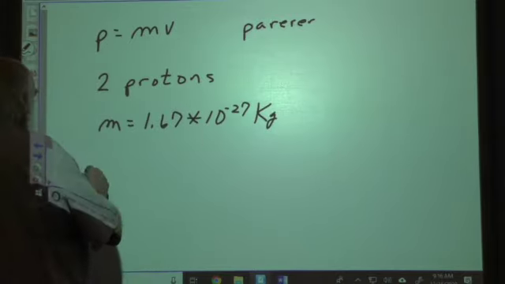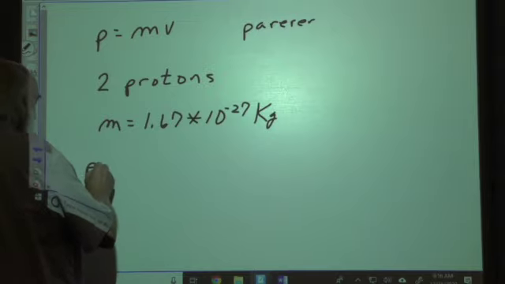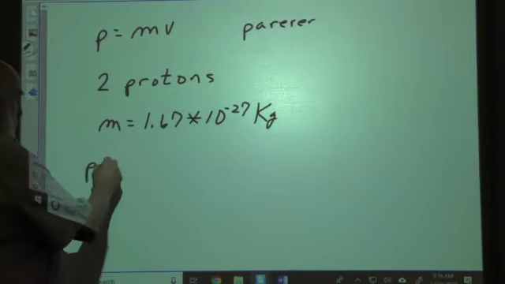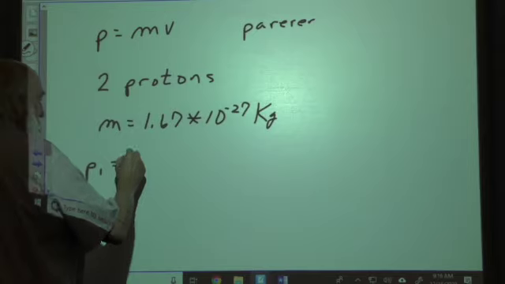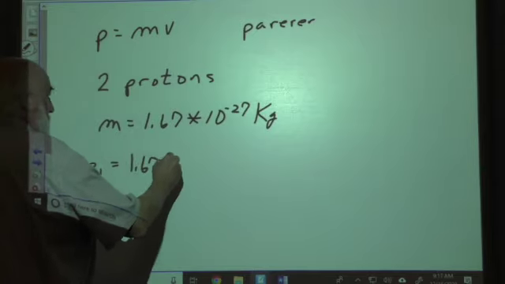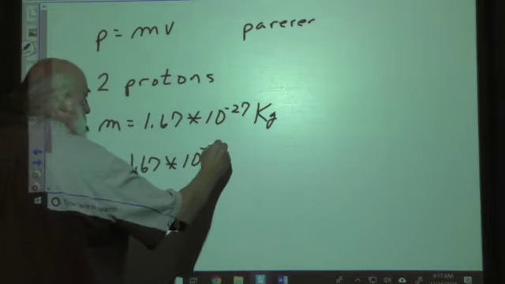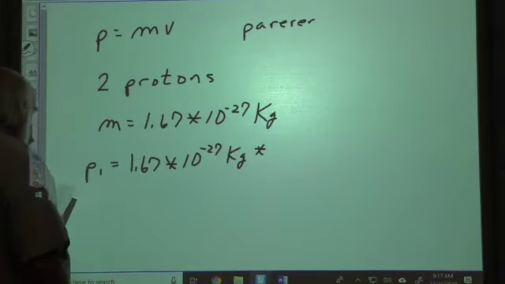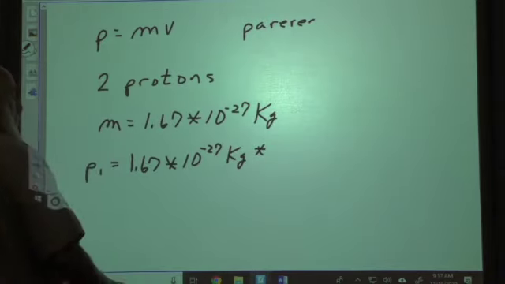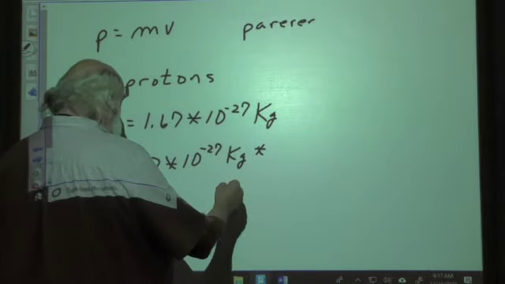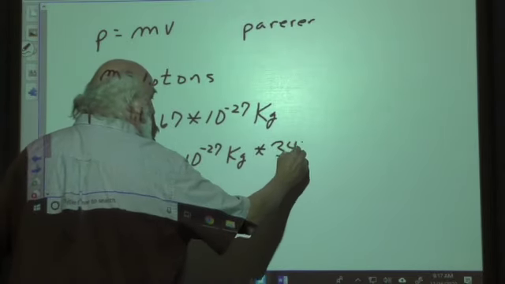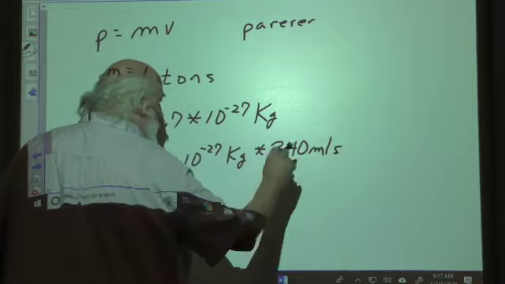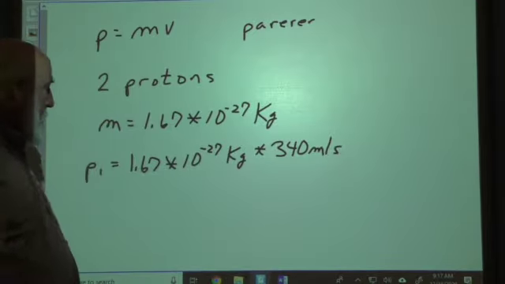Let's say proton 1 has a momentum, we'll call P1, equal to this mass, 1.67 times 10 to the negative 27 kilograms, multiplied by velocity. Well, let's say P1's velocity is 340 meters per second, going towards the other proton, okay?